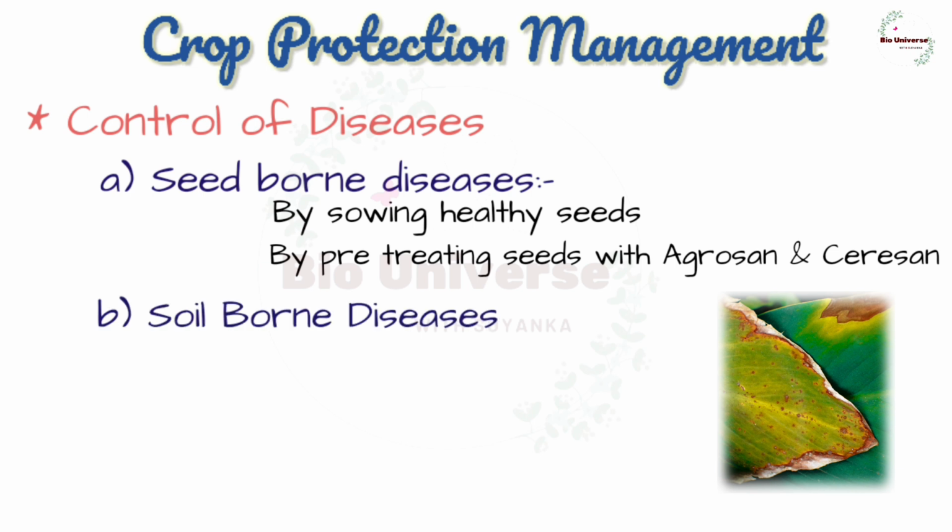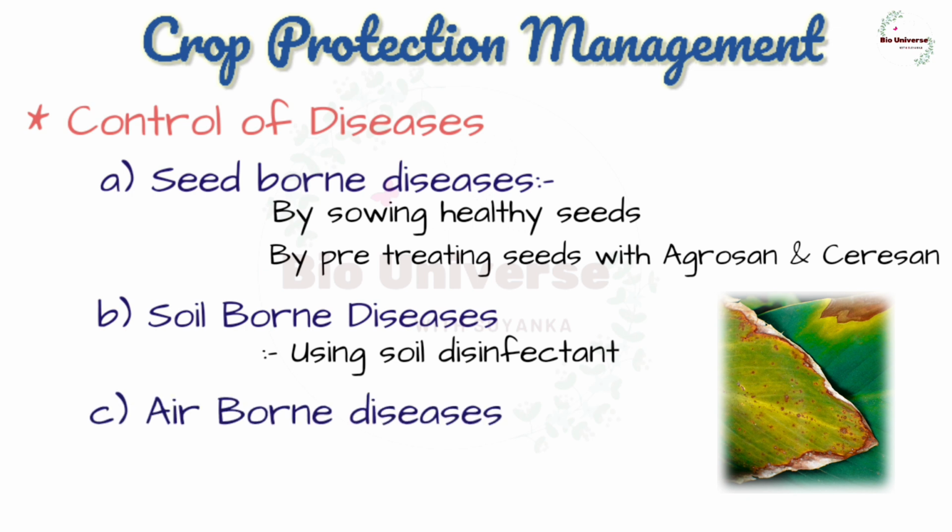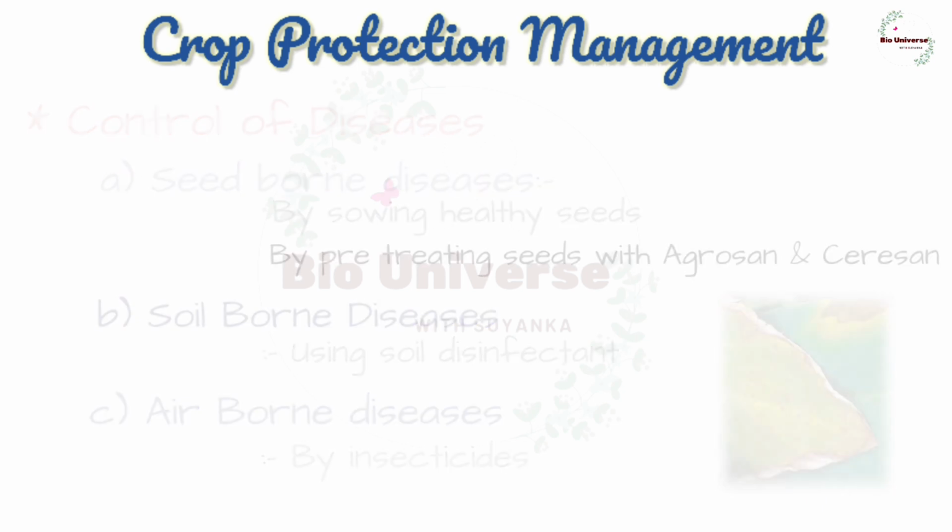Soil-borne diseases can be prevented by using soil disinfectants and crop rotation. Airborne diseases can be prevented by spraying specific chemicals like insecticides, fungicides, antibiotics, etc. The breeding of disease-resistant crops is a very important method to bring about control of crop diseases.